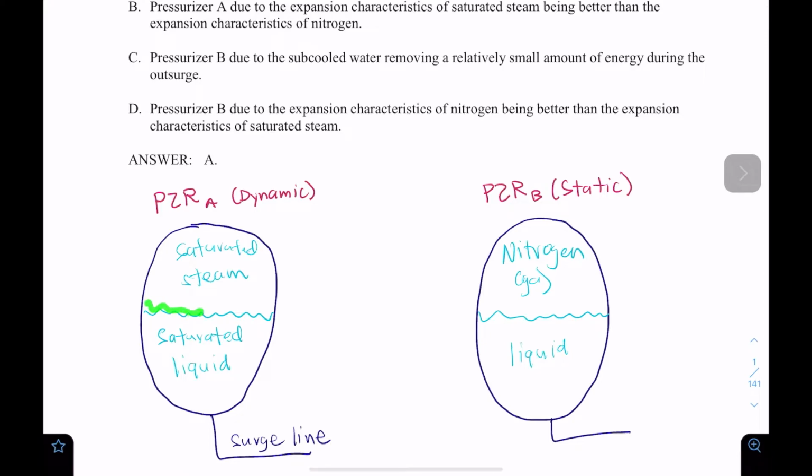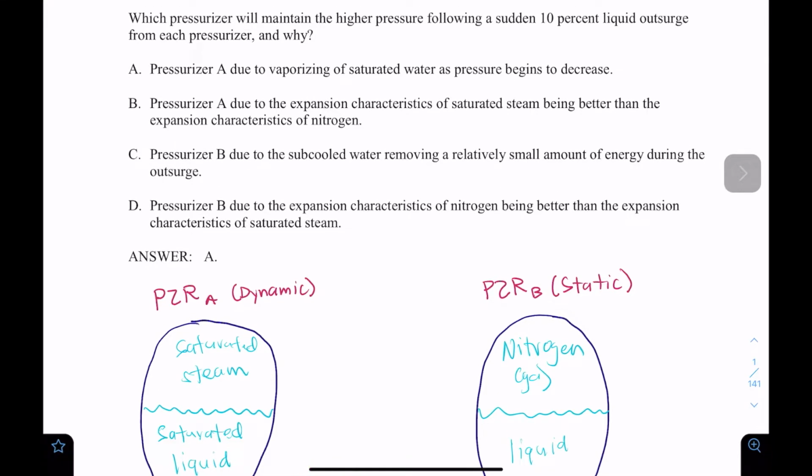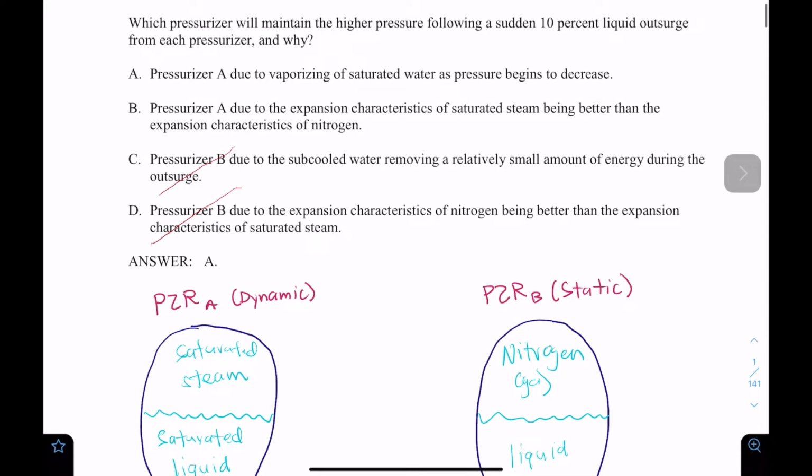This is the type of pressurizer that we are going to have on our reactor cooling system. This line is connected directly to the reactor cooling system, and we already talked about the outsurge or insurge happening here. So because of that, I'm going to eliminate my static pressurizer, which is pressurizer B. I'm not going to even consider it.